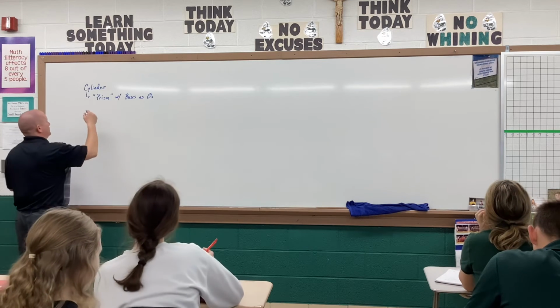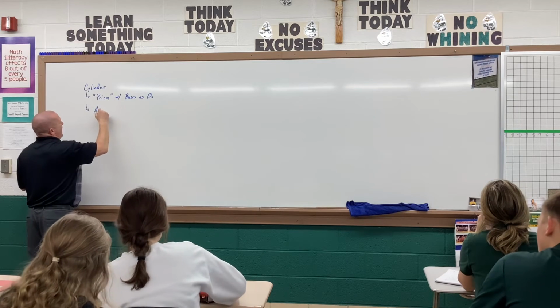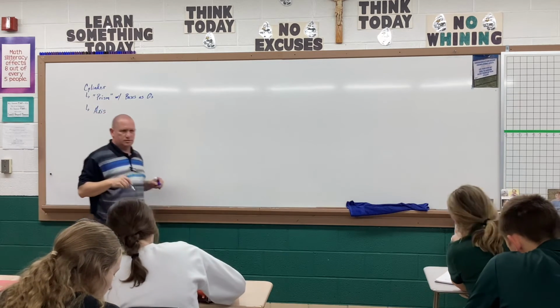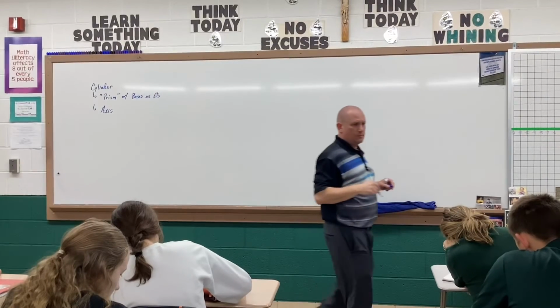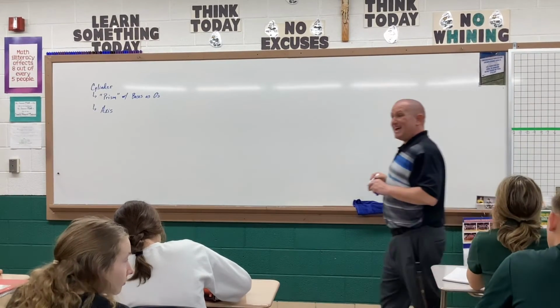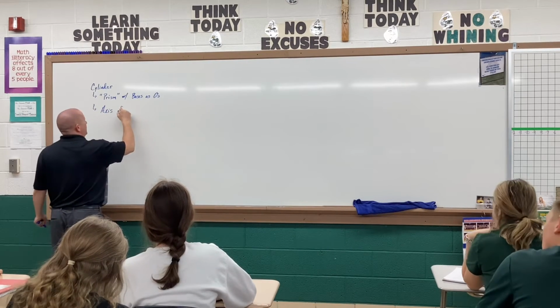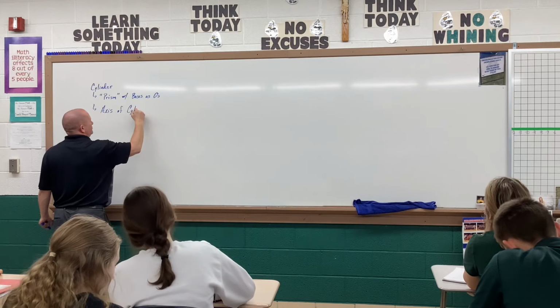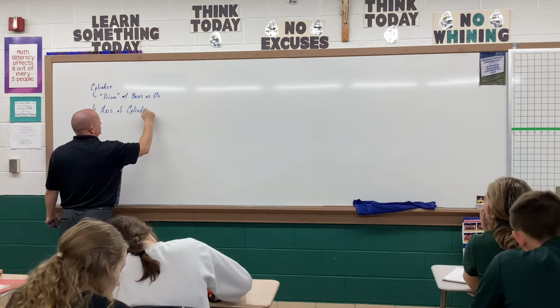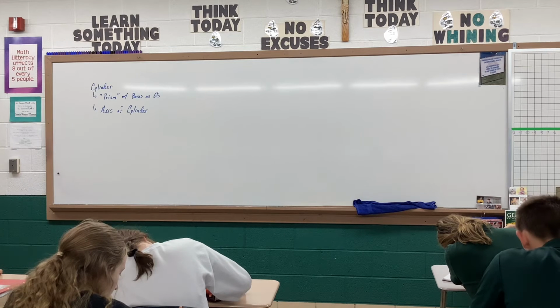Now, before we do this, though, we need to introduce two more things. We need to introduce an axis first. Is this still 12? Yes. It's 12. The axis of a cylinder is kind of like the axis of your car. So what's an axis? It connects the what? Wheels. The wheels, right?